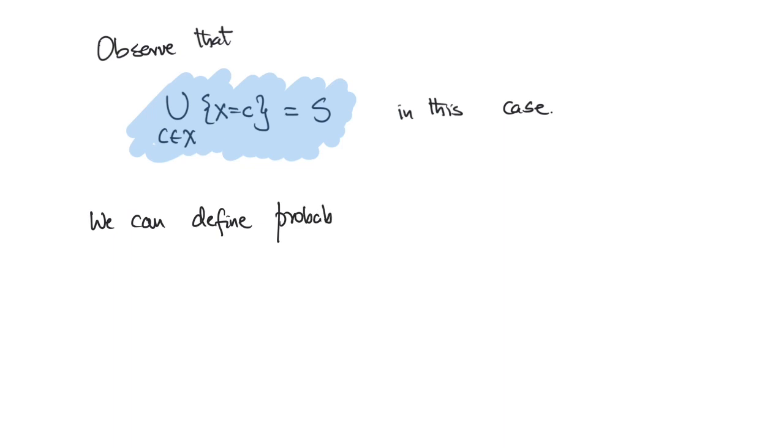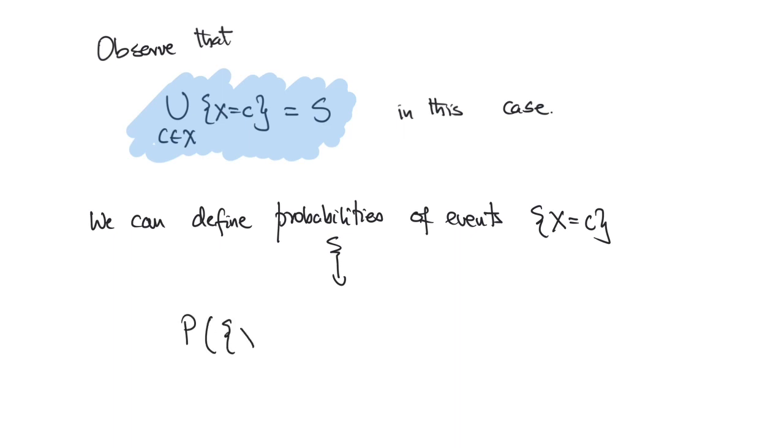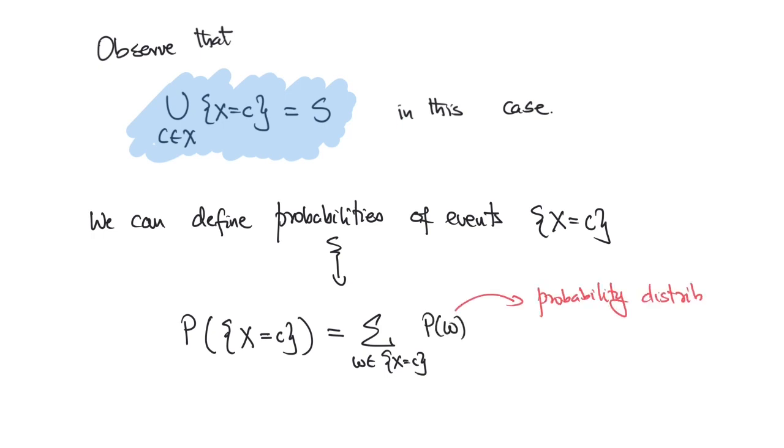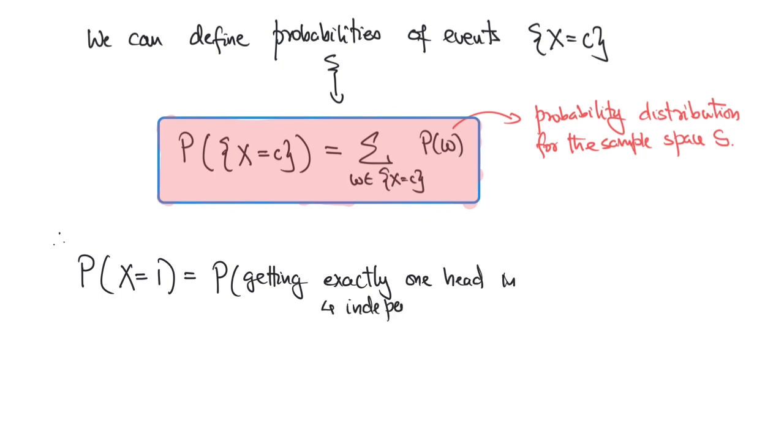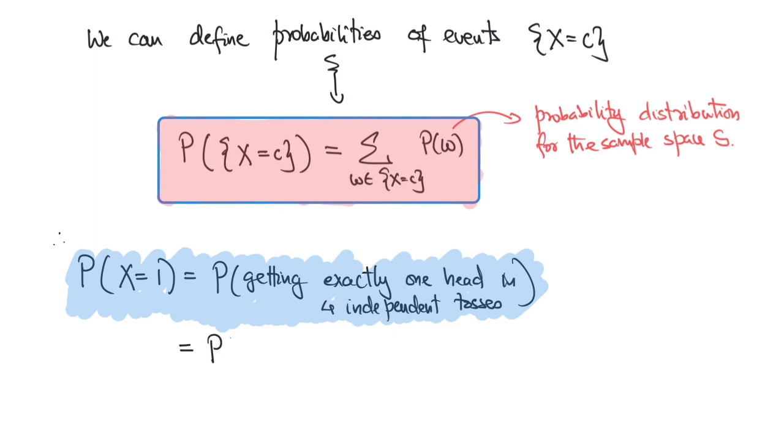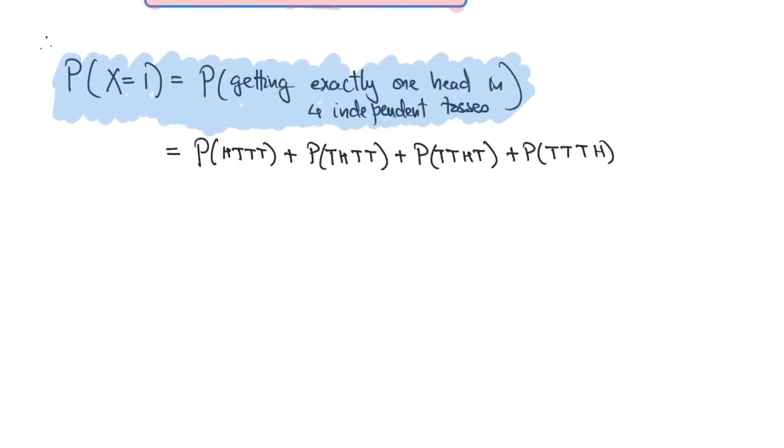Furthermore, we can define the probabilities of the event x equals c as follows. We just take the sum of all the probabilities of the outcomes inside the set x equals c. Remember that this will require us to have the probability distribution for the original sample space S. We apply this strategy to our example to get the probability of x equals 1, which will be the sum of the outcomes HTTT, THTT, TTHT, and TTTH.